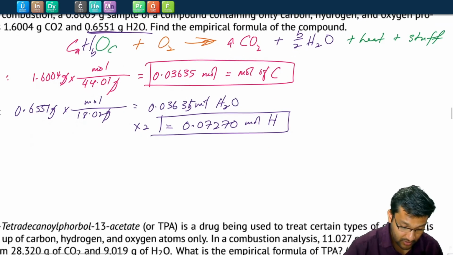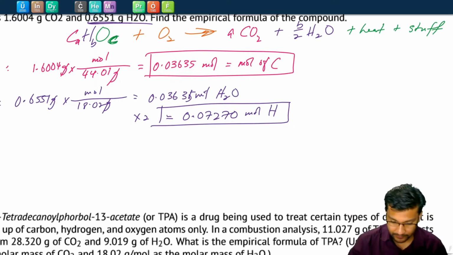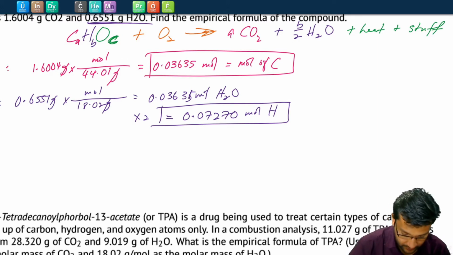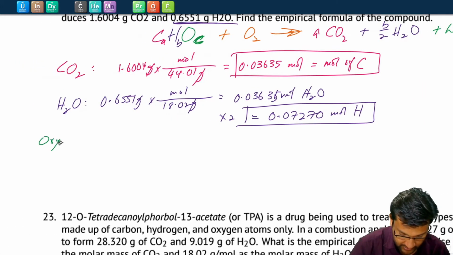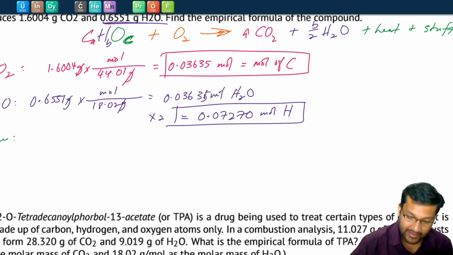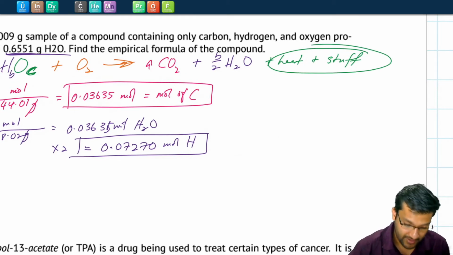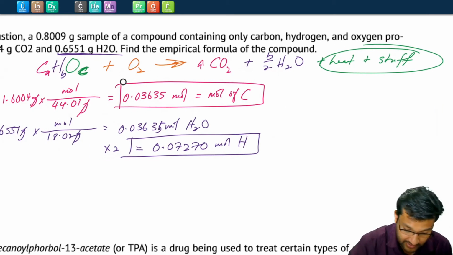But what about moles of oxygen? Because we can't figure out this formula without the oxygen. All right, well, let's look at the oxygen. We don't know anything about what the oxygen goes to form in this equation. It just forms stuff. But in this question, it tells us what the total mass of the sample is.